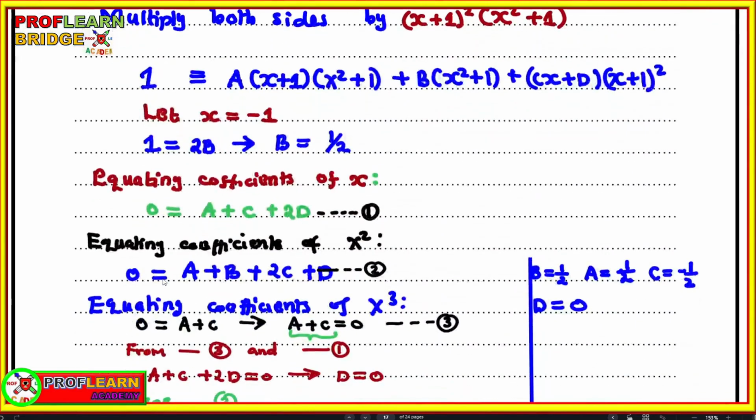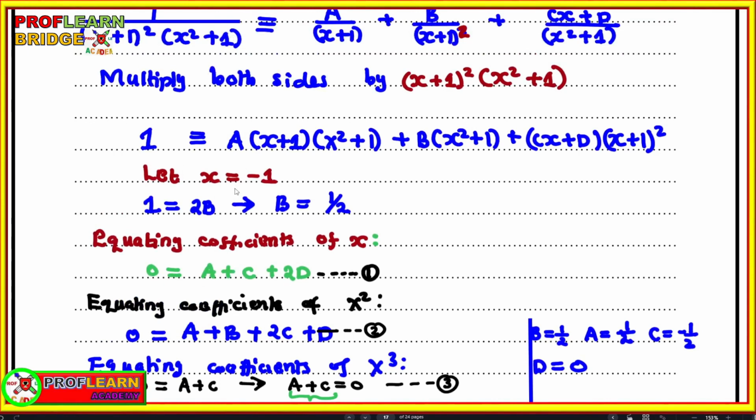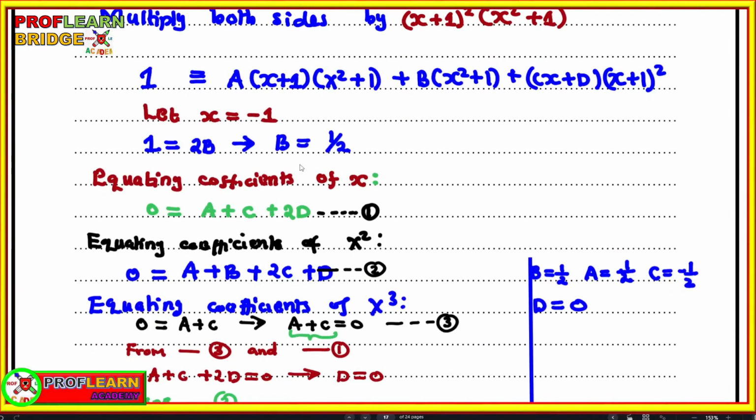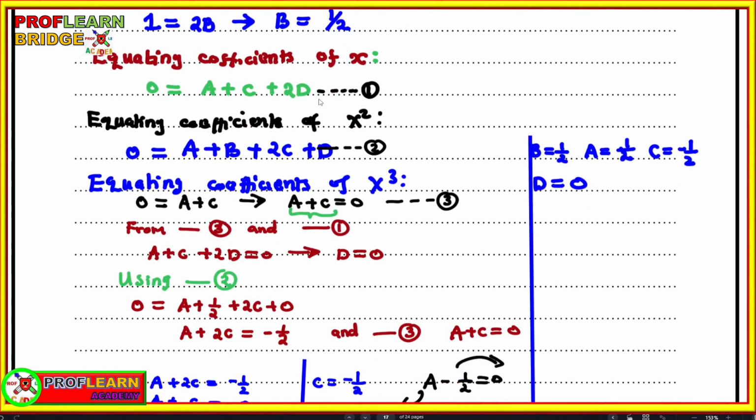So we can start by saying let x be equal to -1. We substitute into this, we are going to get our value of b as a half. Equating the coefficient of x, we are going to form this equation, and we label it equation 1.